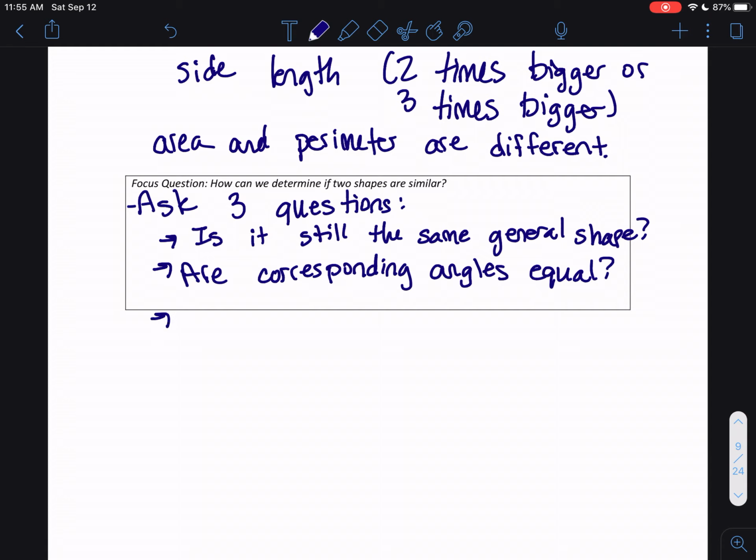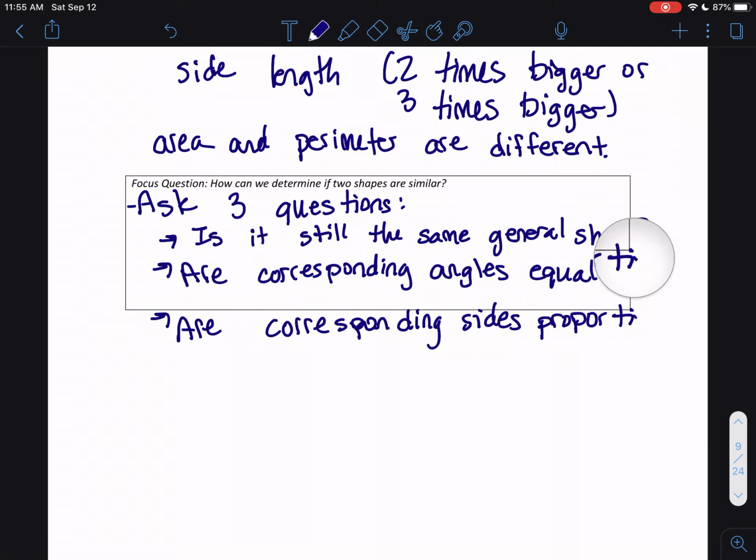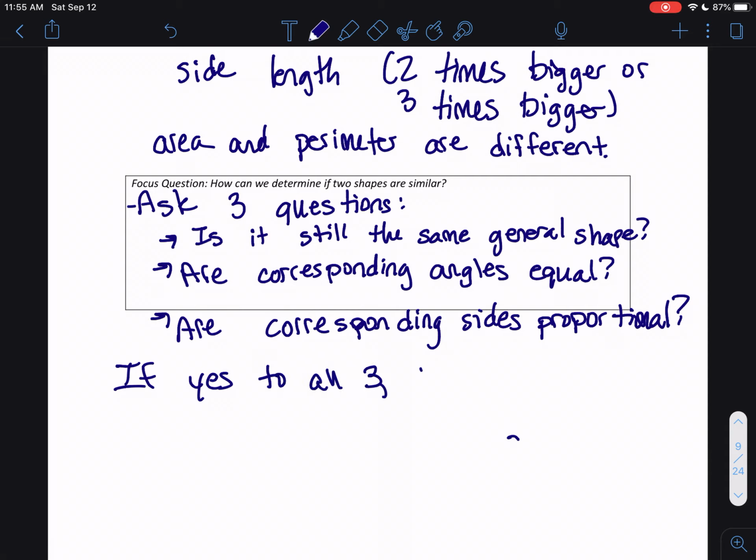And finally, are corresponding sides proportional? If yes to all 3, then the shapes are similar.